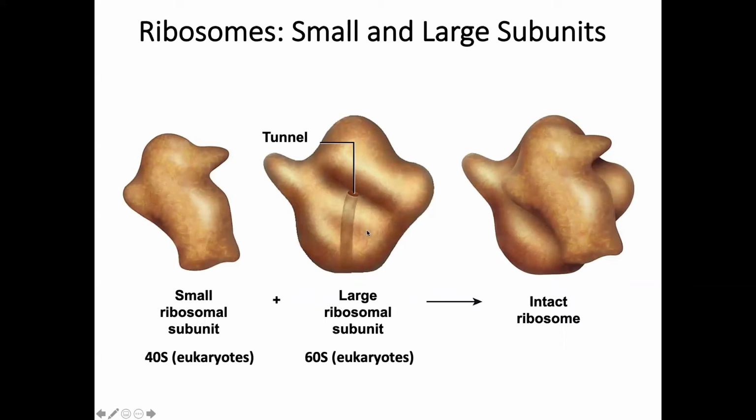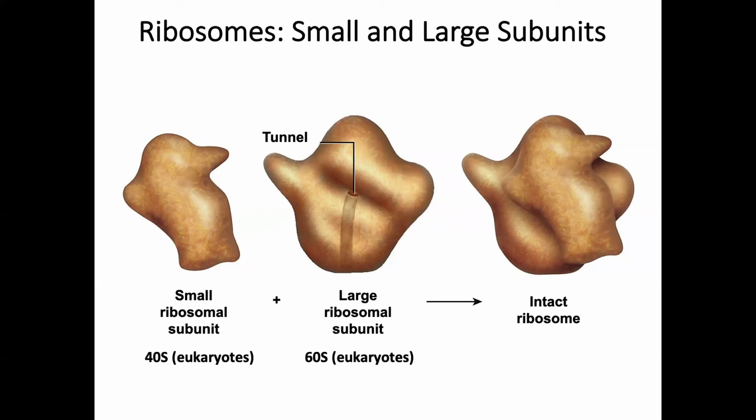In eukaryotes, scientists have identified 60S as the large subunit and 40S as the small subunit. Each subunit consists of one or more ribosomal RNA molecules, also called rRNA, and many different ribosomal proteins.